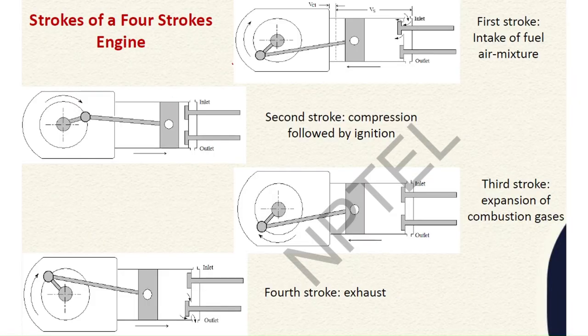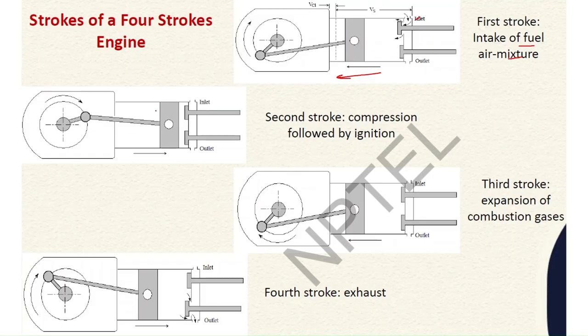So here, these are the four strokes of an engine. The first stroke is the intake of the fuel air mixture. So intake takes place, and from here the fuel air mixture goes in. Here the piston goes in this direction when the fuel air mixture enters. Then in the second, compression followed by ignition.